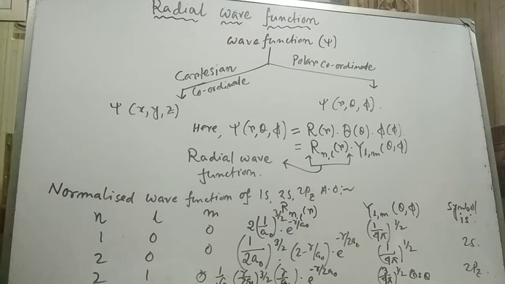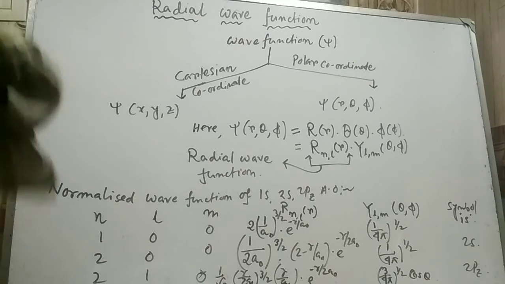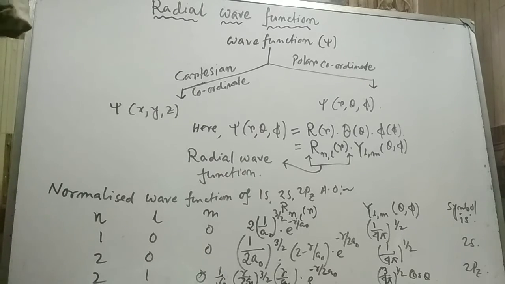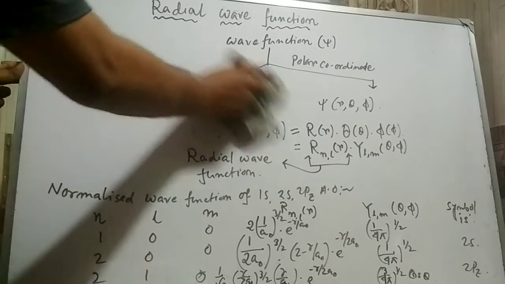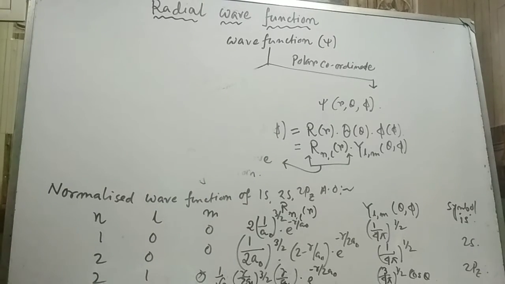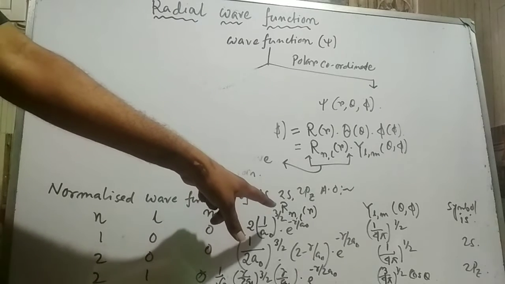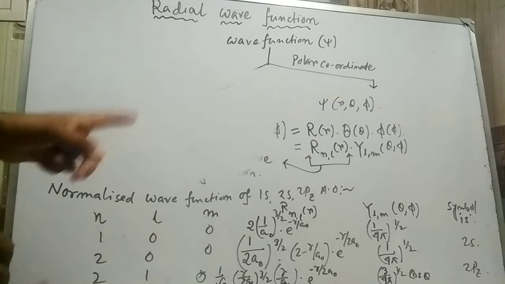First of all, in case of the 1s atomic orbital, we mainly focus on the radial wave function. So in case of the 1s atomic orbital, the radial wave function is given by (1/a0)^(3/2) e^(-r/a0).